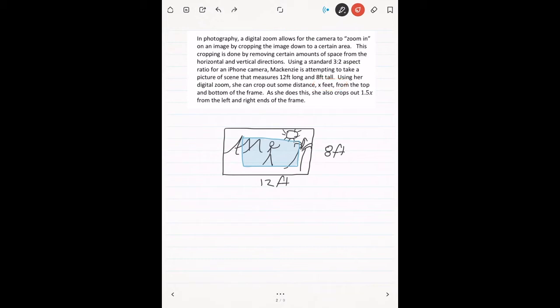So when you go in and crop this, you are moving in X feet from the top and X feet from the bottom. Additionally, you remove 1.5x feet from the left and the right ends of the frame. So when you crop in, you move in 1.5x and another 1.5x feet.